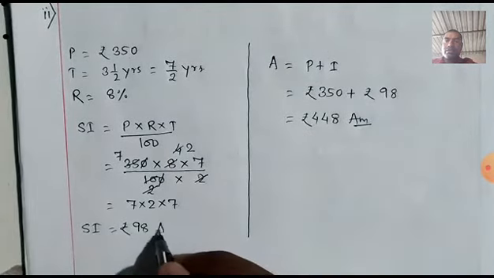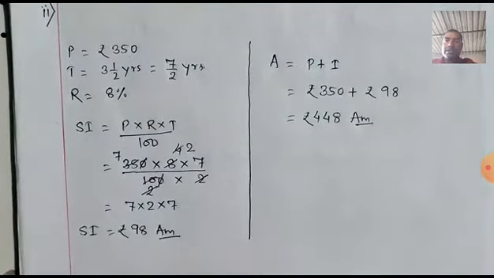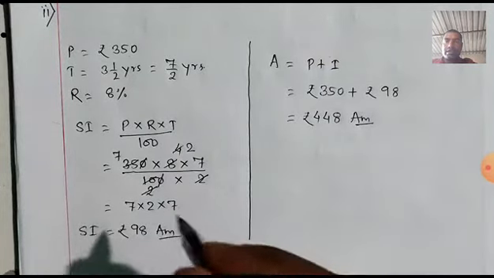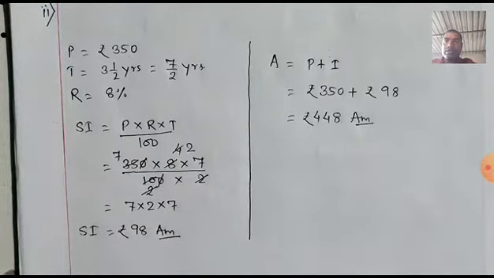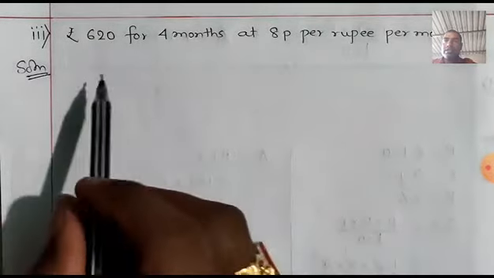This is your answer: SI is 98 and amount is 448. I think you got this, you understood the question. You can take a screenshot, or you can pause the video and write the answer. If you have not understood, you can repeat the video from the first question. Then we will see the third one.